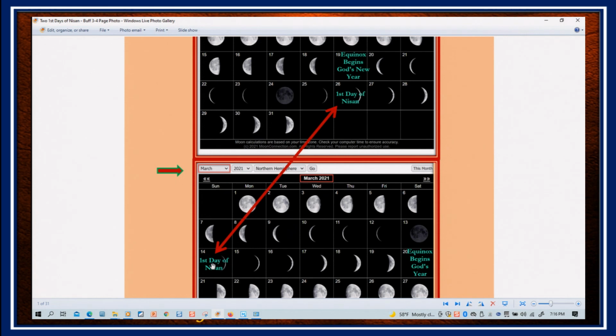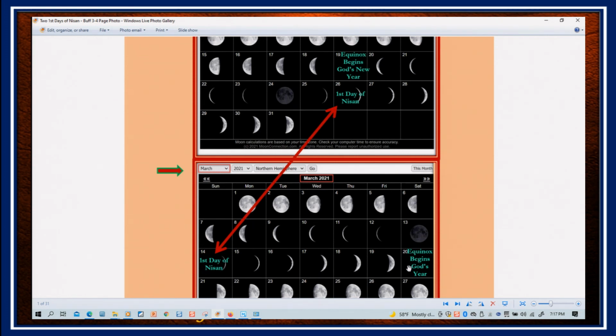So now let's find out just what happens when one year the new moon closest to the equinox occurs after the vernal equinox has arrived, and then the very next year the new moon that is closest to the vernal equinox does what? It occurs before the vernal equinox arrives. Now, friends, didn't we recently learn that God's solar year runs from one vernal equinox to the next vernal equinox?